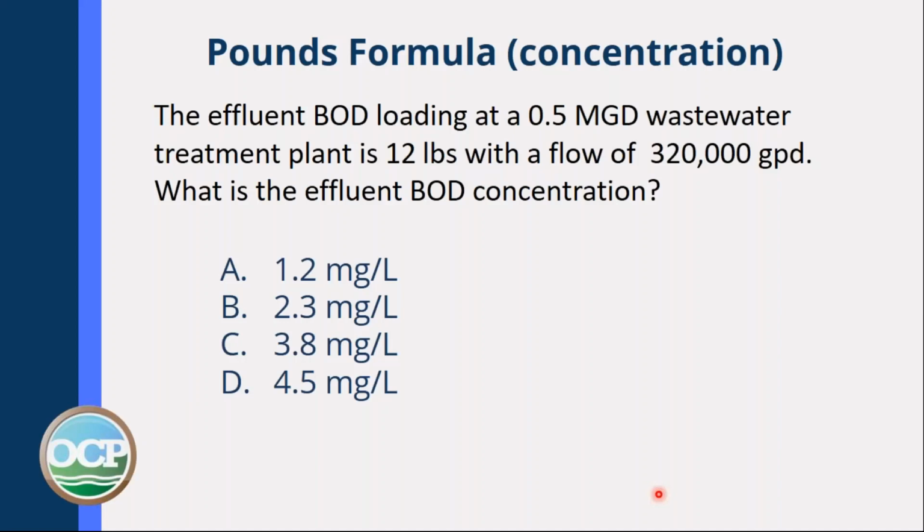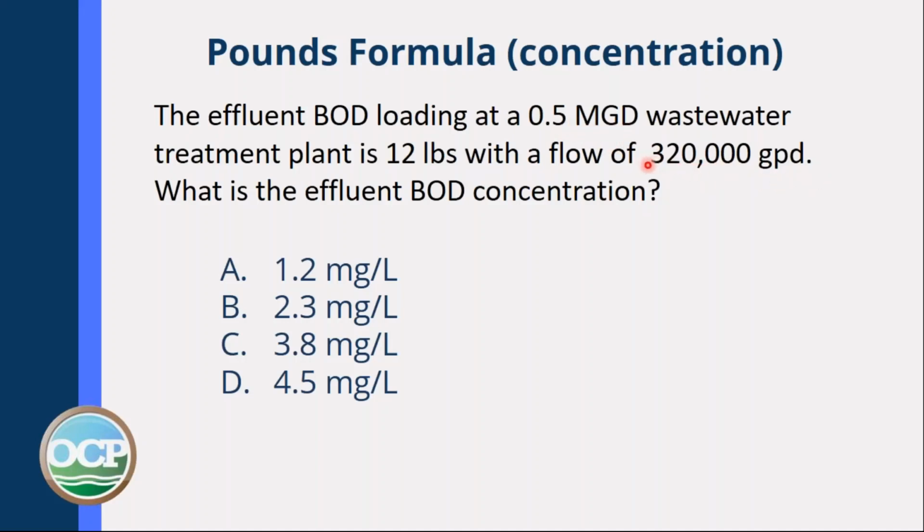So the effluent BOD loading at a 0.5 million gallon per day wastewater plant is 12 pounds, and the flow is 320,000 gallons per day. What is the effluent BOD concentration? Now again, what we've done is we've changed this up a little bit, and we've given you this flow not in million gallons per day, but in gallons per day.